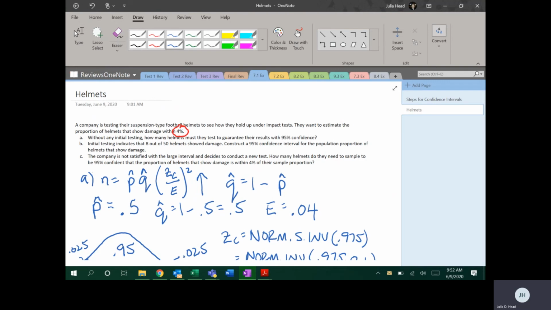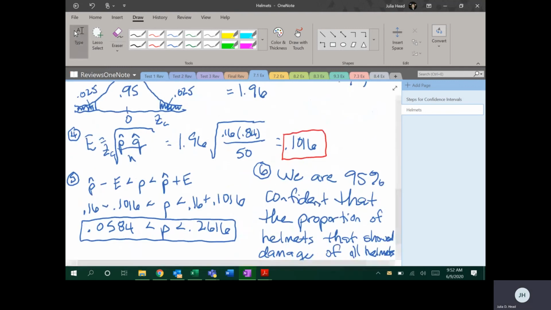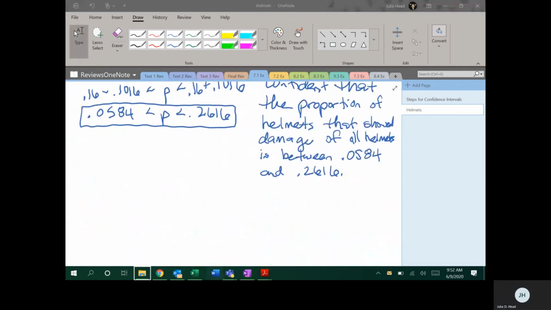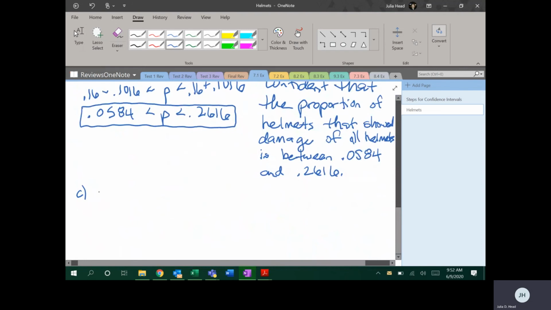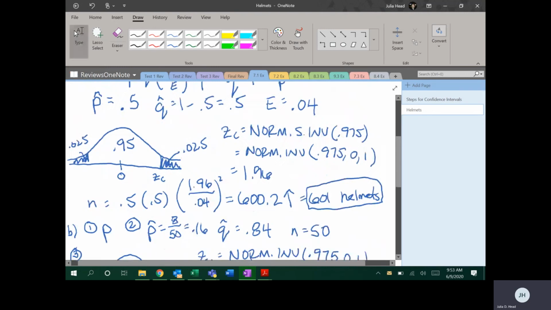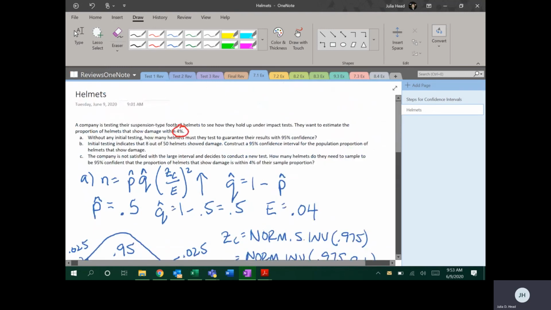And it says how many helmets. So again, it's asking how many items. So we're using this formula again. But the difference between this and part A is that in part A, it said without any initial testing. And in part C, they are not satisfied with the results. So that means they have testing.